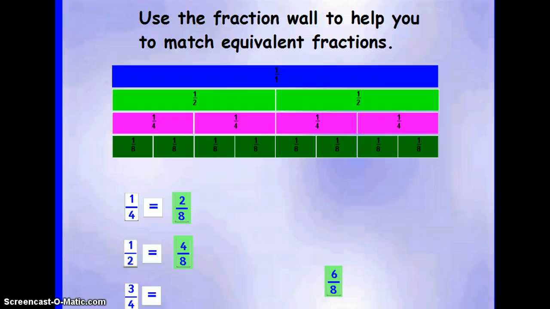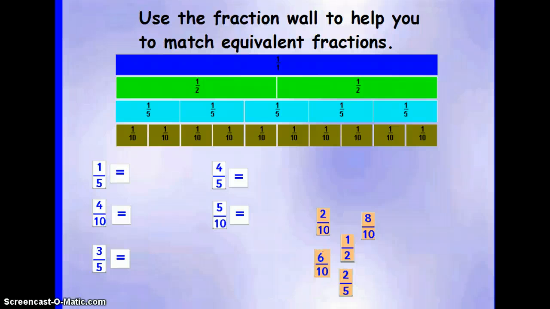We are going to count the distance from here all the way to here, which equals 3/4, and count how many eighths are between this line and this line. So we have 1, 2, 3, 4, 5, 6. So we have 3/4 equals 6/8.